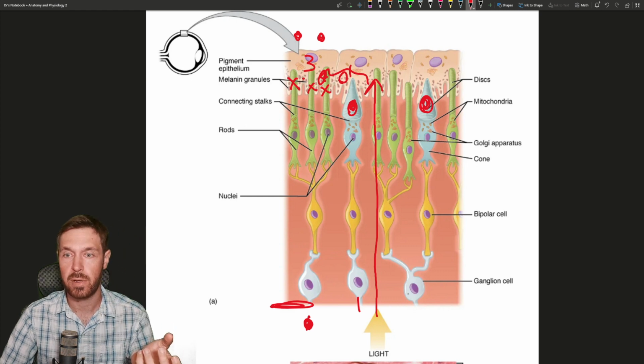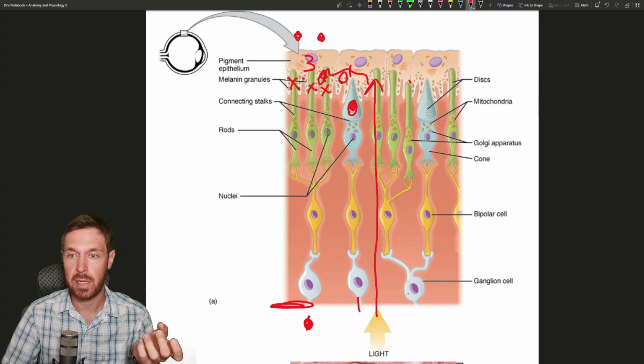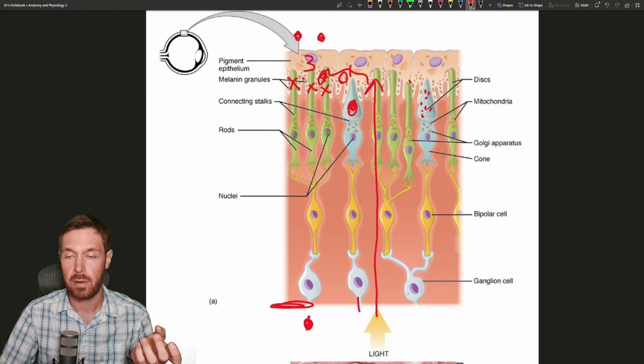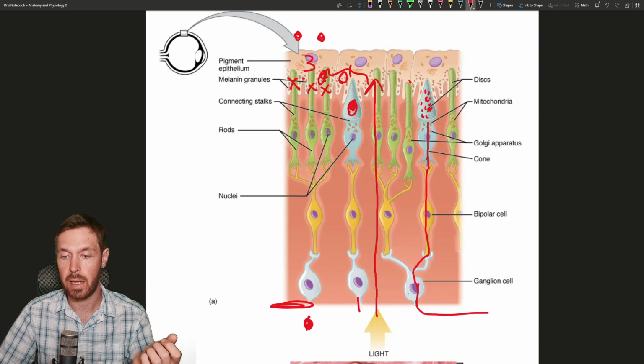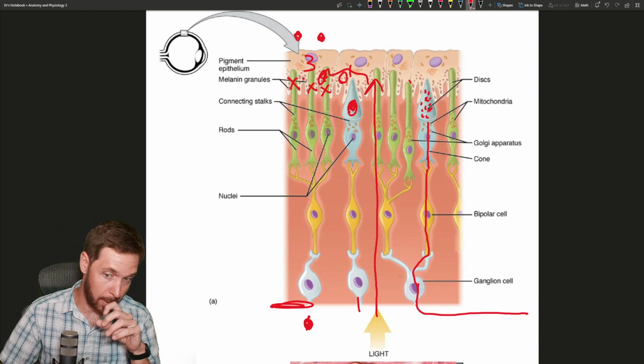Now, the process of phototransduction, what happens if we activate this cone here? There are all these proteins found in this photoreceptor layer, and when light hits that and activates it, it sends a signal down through first a photoreceptor and then a unique neuron here called a bipolar cell, and then from that bipolar cell it becomes a ganglion cell, and then that ganglion cell then becomes the optic nerve and goes back.